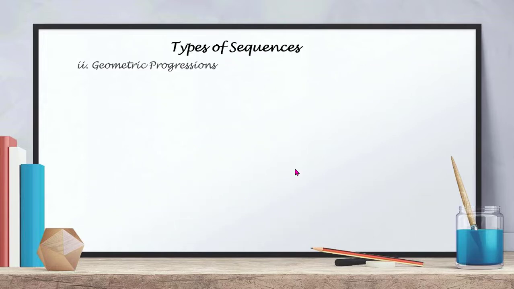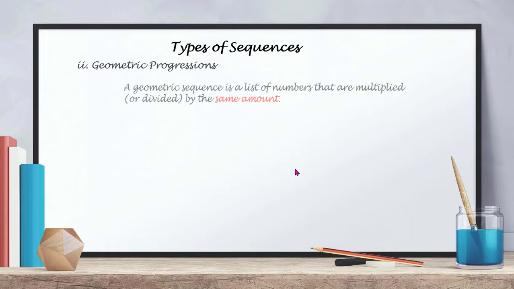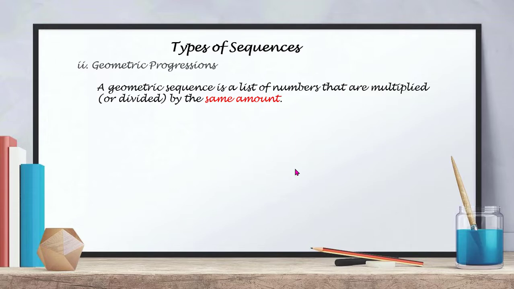The second type of sequence which we are interested in is the geometric progression. A geometric sequence is a list of numbers that are multiplied or divided by the same amount. Consider the following geometric progression: 1, 3, 9, 27, and 81.